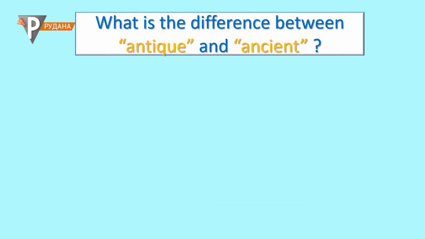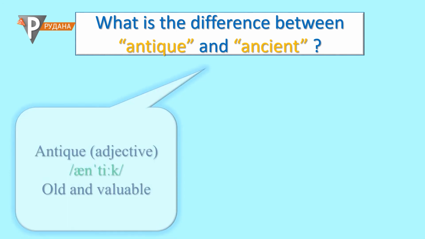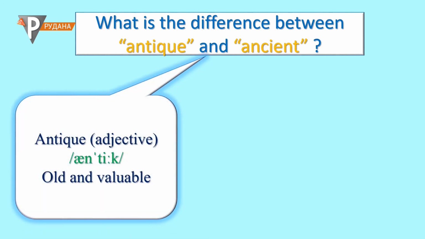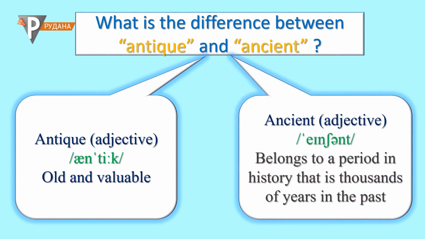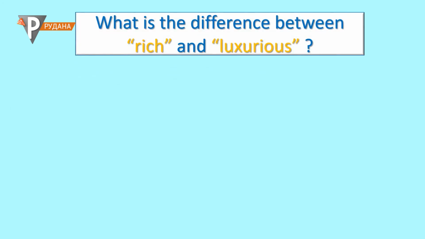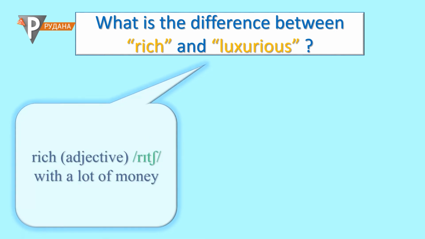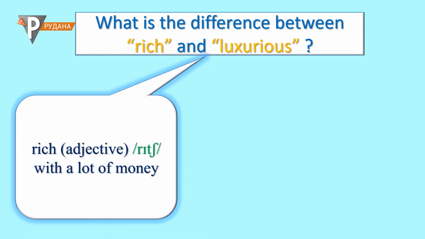Antique, it's old and valuable, but ancient belongs to a period in history that is thousands of years in the past. The second difference is between rich and luxurious. Rich with a lot of money. Luxurious, it's comfortable with a lot of expensive things.